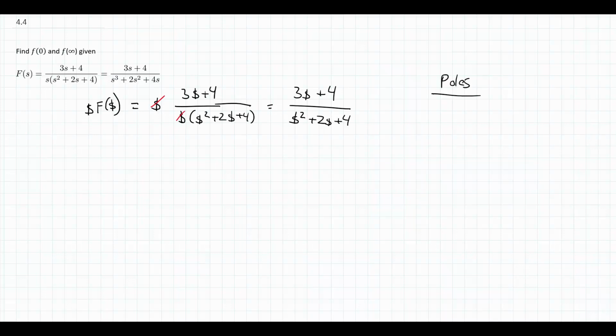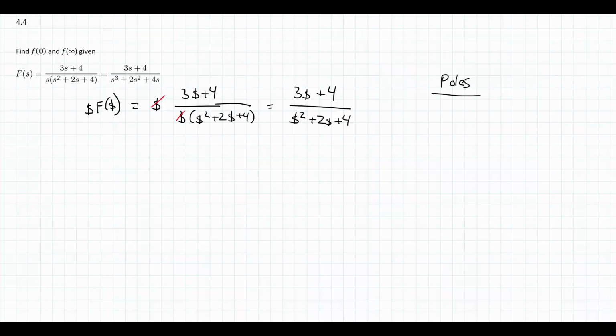Ideally we would be able to factor the denominator, and then it's easy to find the poles by finding what makes the denominator 0. But in this case, it is not factorable. There are no integers that let us write s plus something and factor it. The poles are not purely real, so we use the quadratic equation.